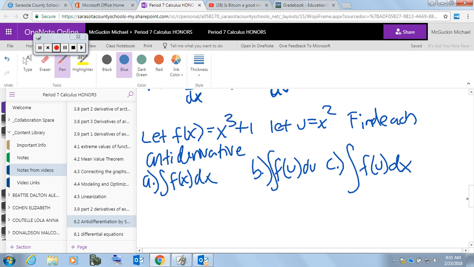So I am taking the integral of a function of x, y, right, with respect to its independent variable, x. With this particular case, we'll call it f, or y, for a sec. Y is your dependent variable, x is your independent variable, because whatever happens to y is contingent on the value of x itself. So I will take the antiderivative of y, or f, with respect to the independent variable x.